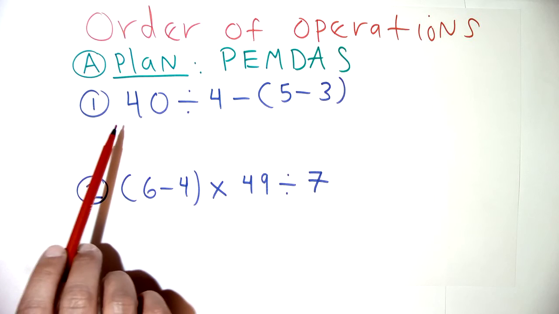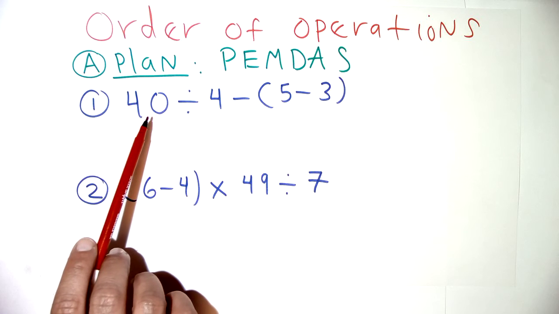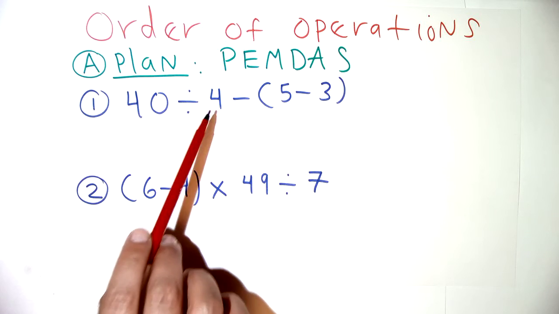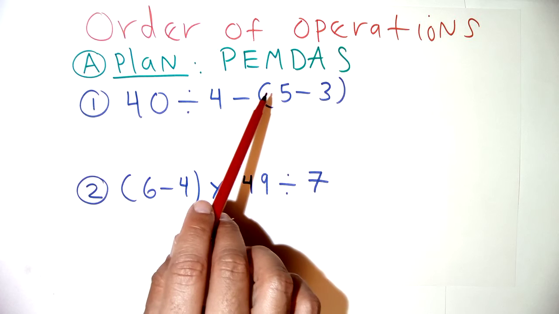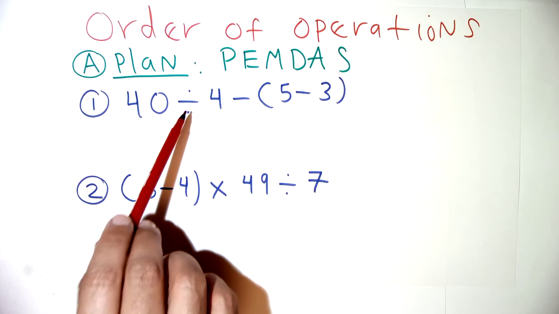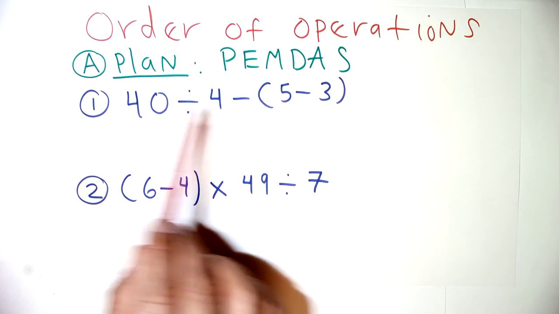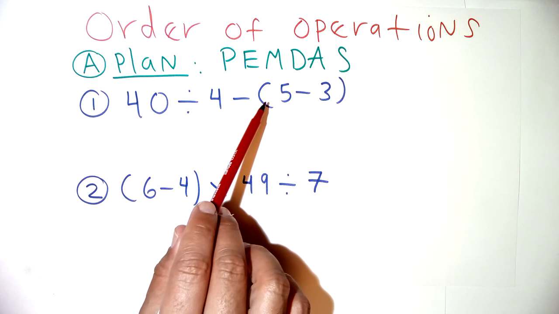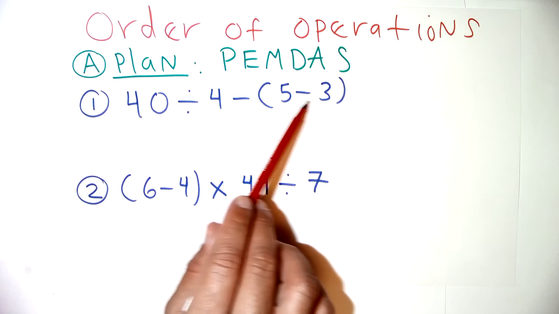If we go to example 1, you have here 40 divided by 4 minus parentheses 5 minus 3. Clearly here, you need to look at the symbols and the situation. So you're dividing, you're subtracting, and you have a parenthesis here.